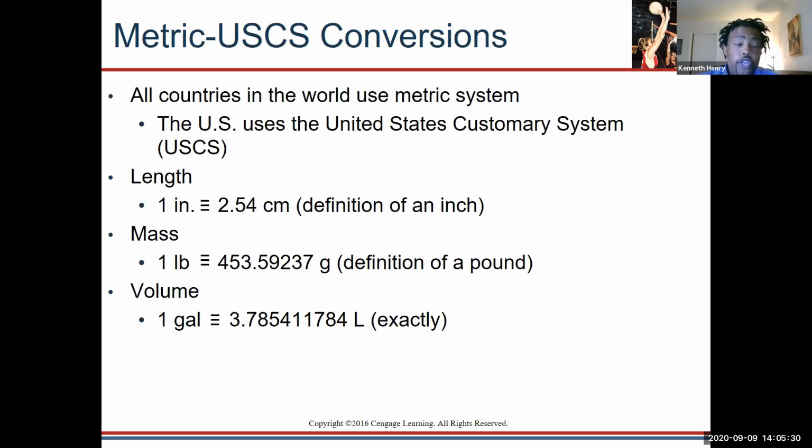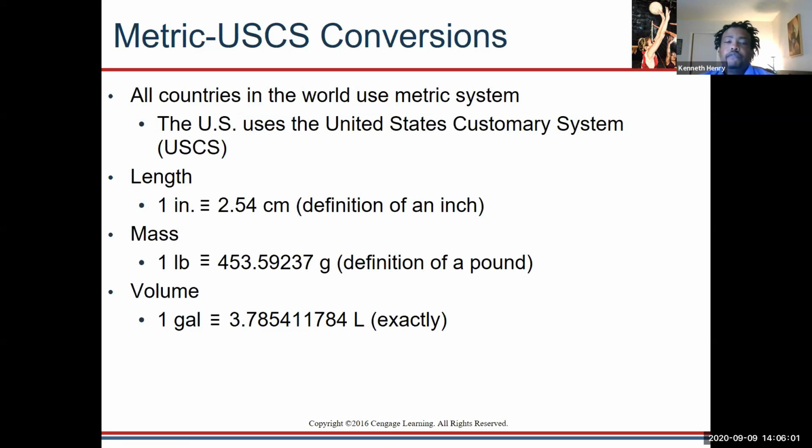So you need to remember length. Length is inches, and 1 inch is going to be equal to 2.54 centimeters. Mass, which is weight, or what we refer to as pounds, 1 pound is going to be equal to 453.59237 grams.